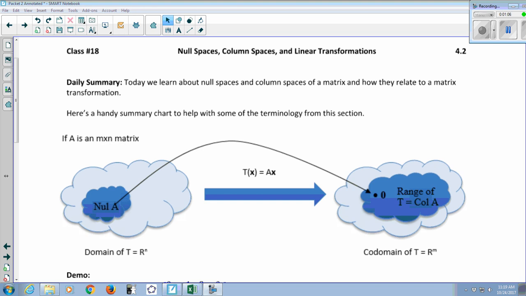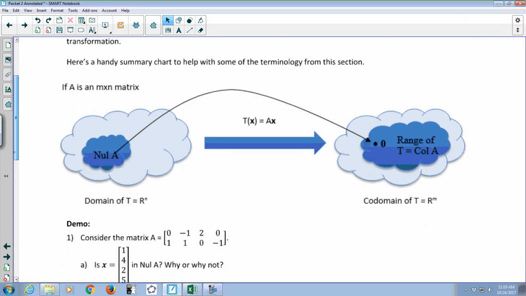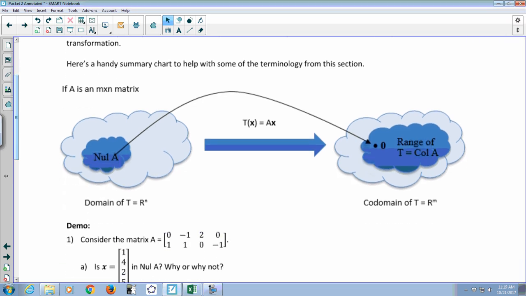Okay, so just to walk through this picture, if you've got a matrix transformation, T of x equals A times x, your domain is the set of all your inputs. So the light blue cloud is the domain. The null space of A is always a subset, also a subspace. We can prove it, but I'm just giving you the punchline.